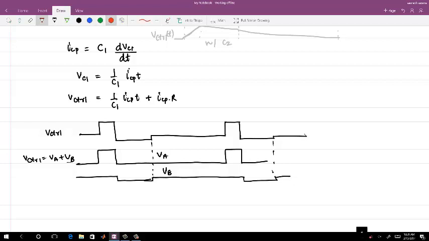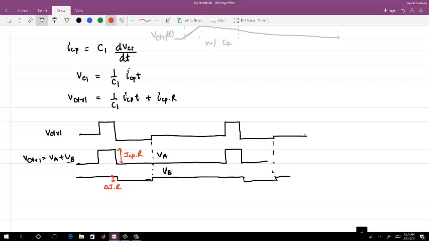We know that this is surely ICP times R, right? And this variation is delta I times R. If you're making a good design, then delta I should be much lesser than I. Now think about it.